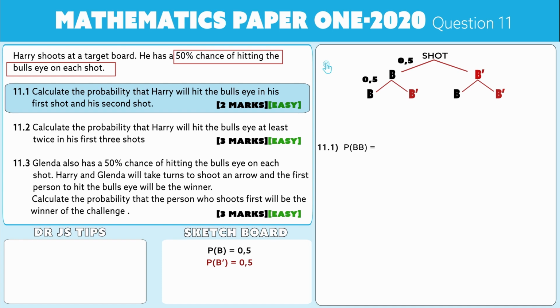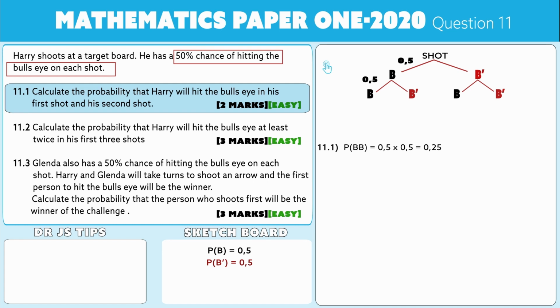So this would simply be this 0.5 on our tree multiplied by the second 0.5. And that collectively gives us 0.25. It's 0.5 squared. So there's a 25% chance that Harry would hit the bullseye twice in a row.